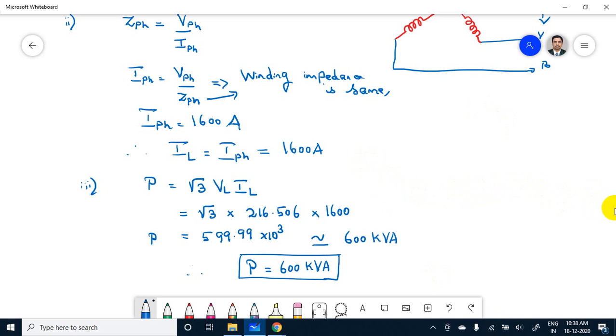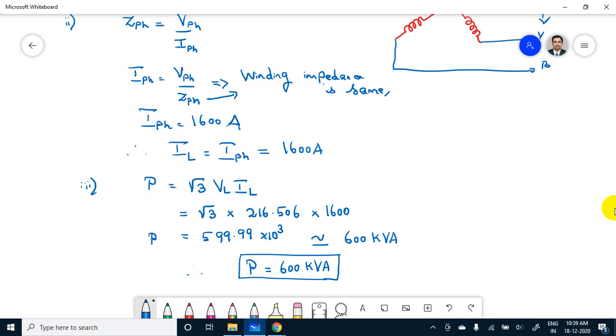Any doubts? Please note down the calculation of I. Sir, calculation of I current, sir. Current, it is the 1600, right? How, sir? IL is already there, right? It is 1600. That value only I am substituting here.